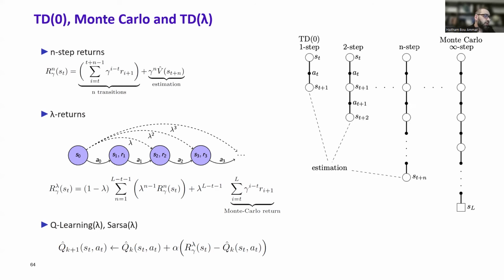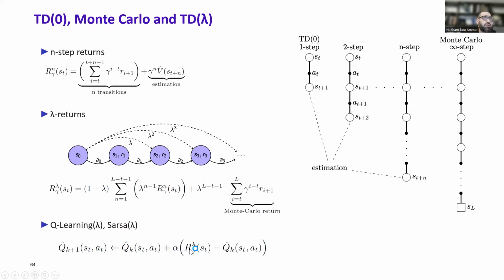Now, if we are talking about Q-learning lambda or SARSA lambda, the main difference compared to the previous algorithms is that you would use this estimate of the return instead of the previous estimates that we discussed before. The update rule looks the same as before: your new Q is your old Q plus the learning rate times something.